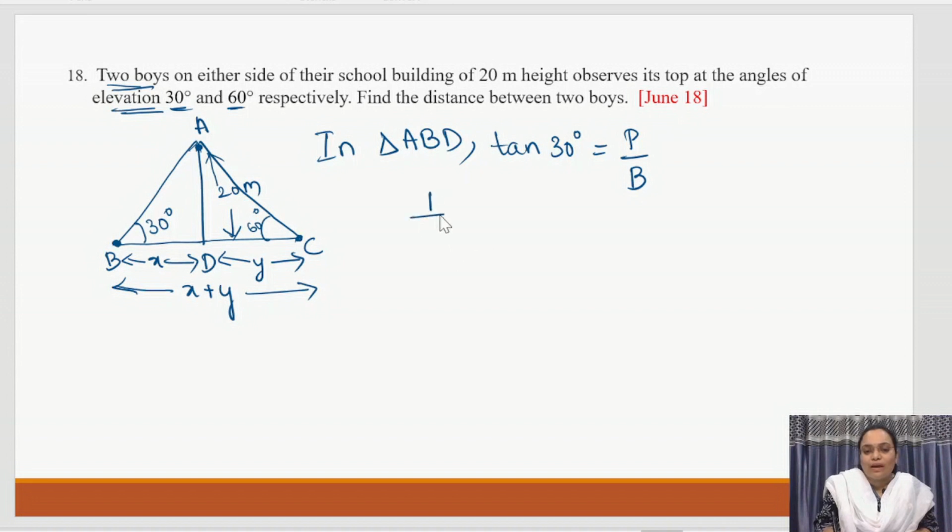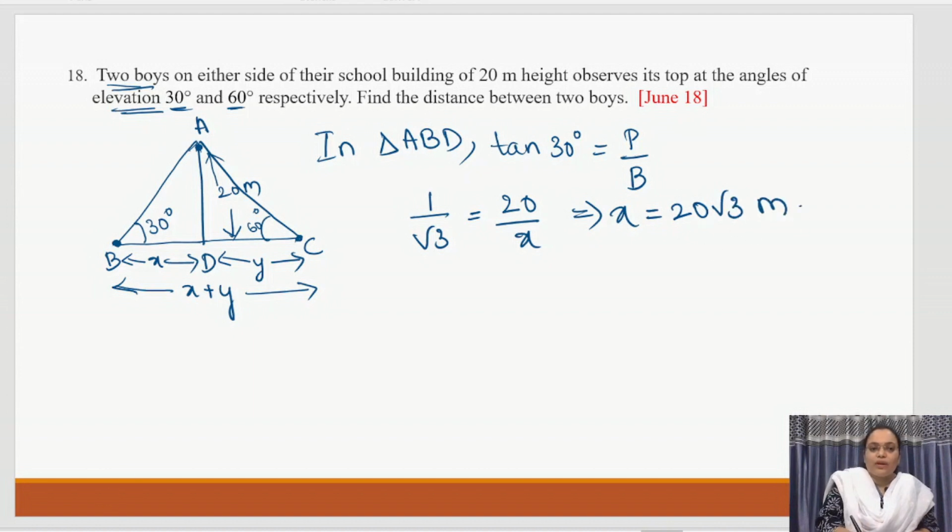Tan 30 is 1 by root 3, equal to perpendicular 20 by base x. To find x, cross multiply. x will be 20 root 3 meters. So the value of x is 20 root 3 meters.